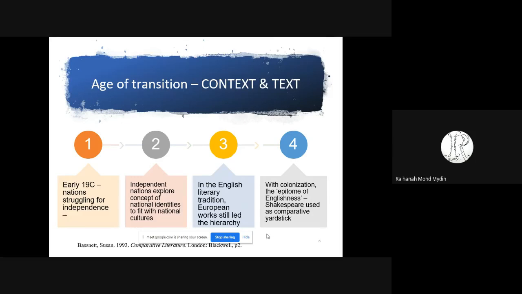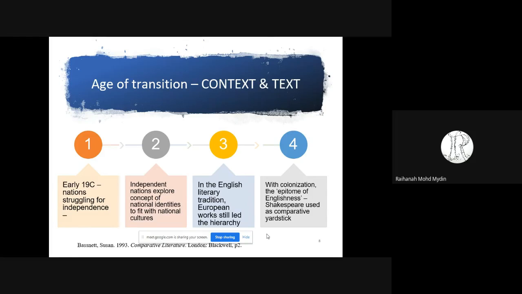Against the imperialists. And these nations, upon receiving independence, began to also explore, rightly so, concepts like national identities and national cultures. And with that, national literature, right?